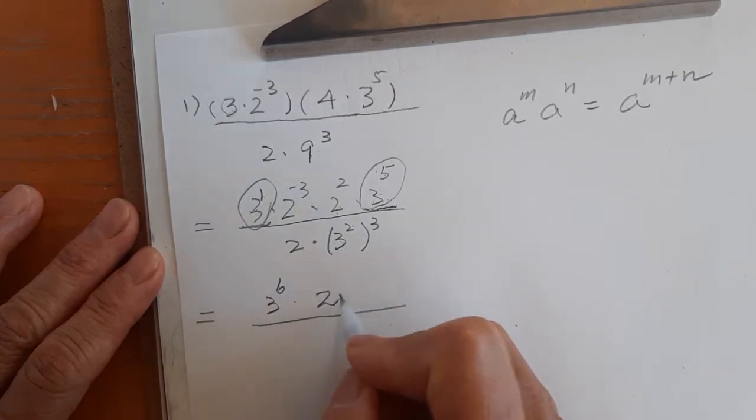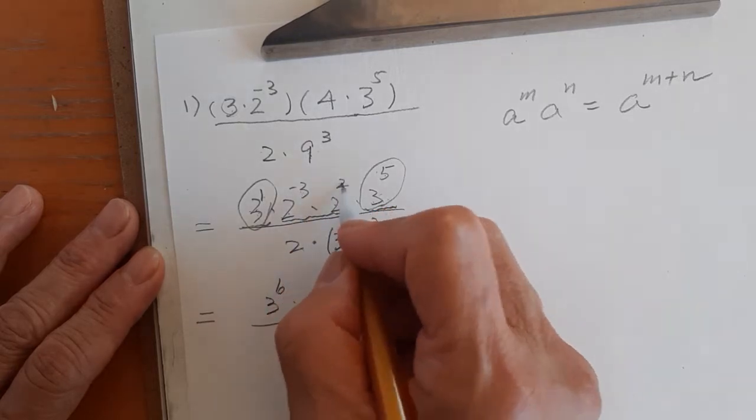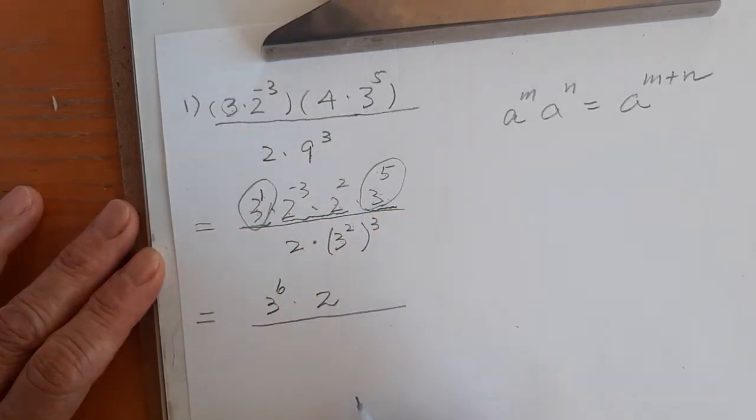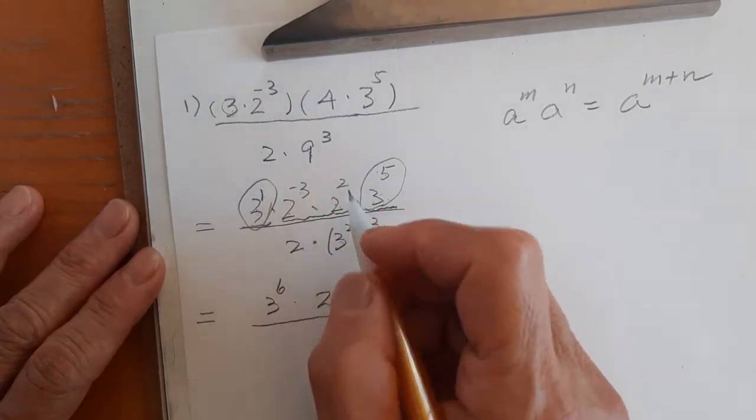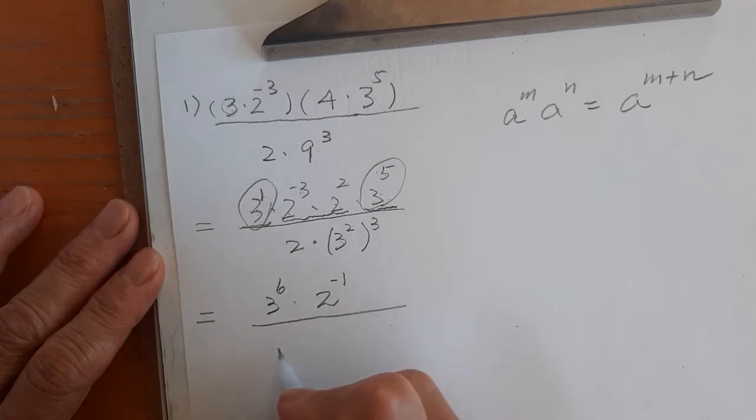Then the two with base 2, add the exponents: negative 3 add 2 is negative 1. And over, 2 times 3.